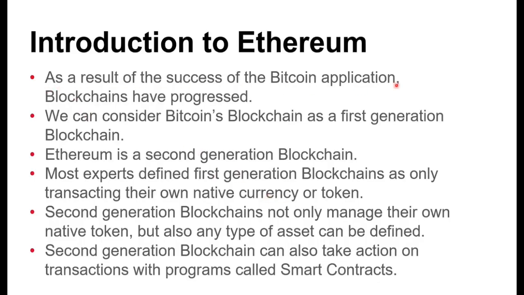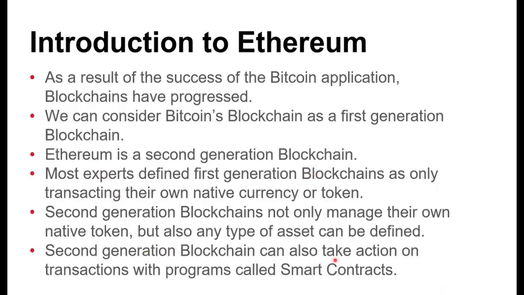And as a result of the Bitcoin application's success, it's been innovated and there has been progress relative to blockchain. So we can consider Bitcoin's blockchain as a first-generation blockchain. Ethereum is a second-generation blockchain.